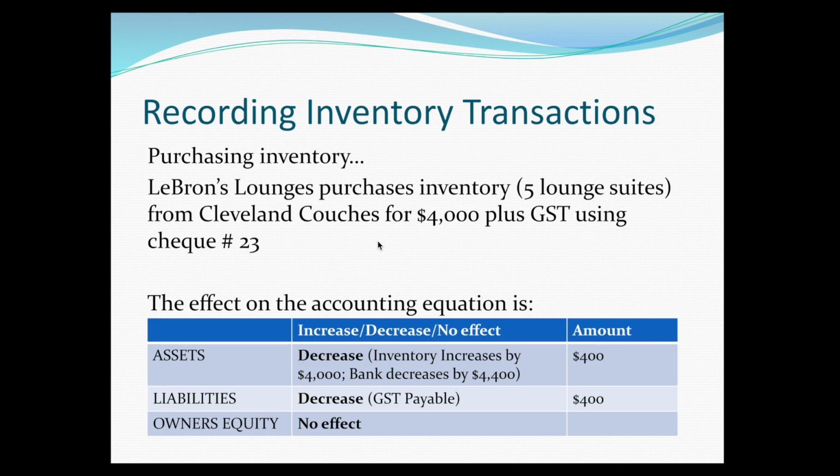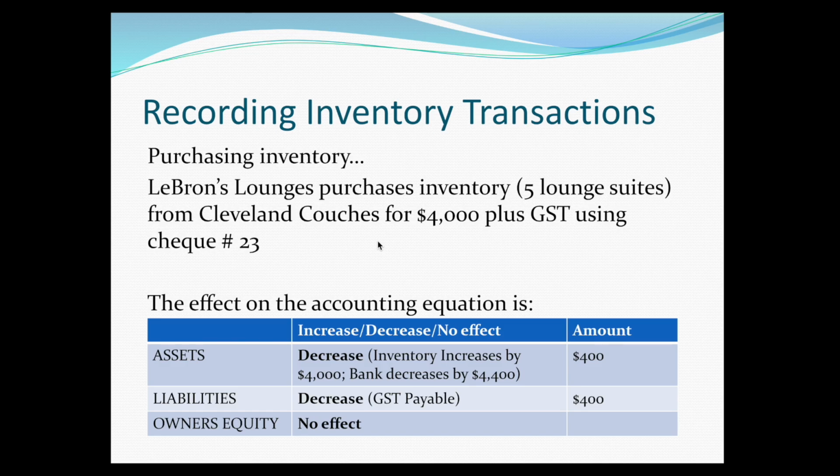Because you're purchasing lounges, so the inventory increases, but the bank decreases by the total amount, which consists of the cost price plus the GST. So the balance would be $400, or you can say negative $400.